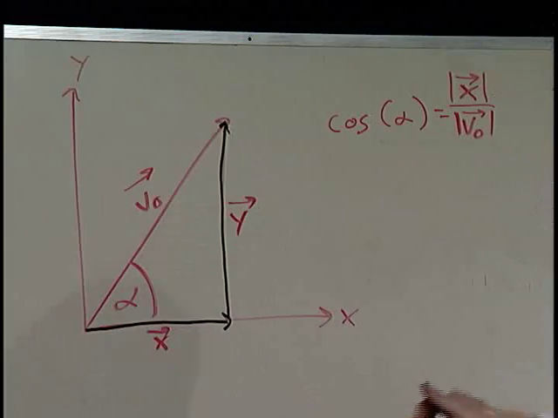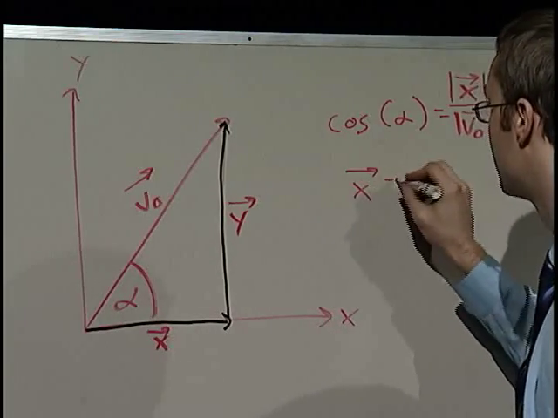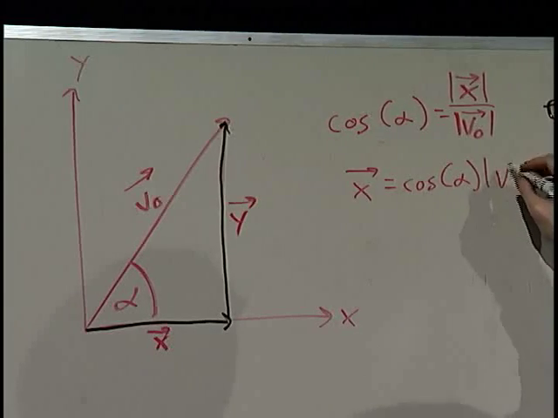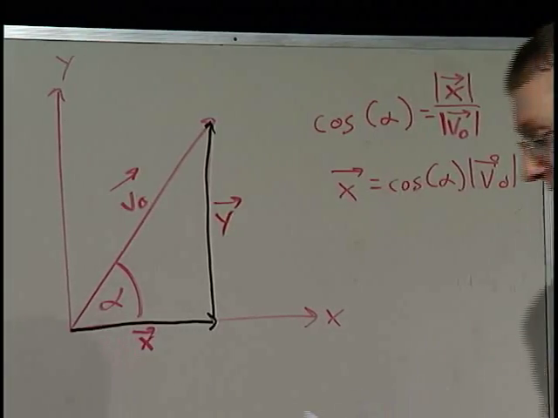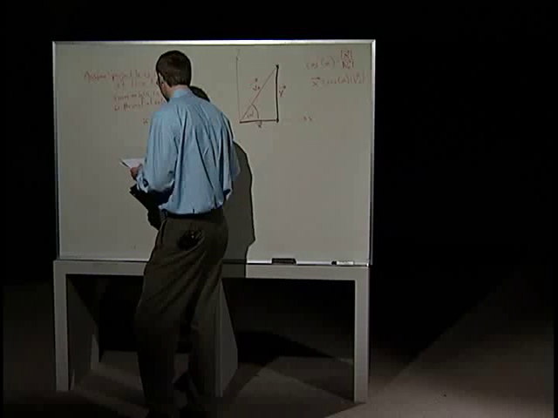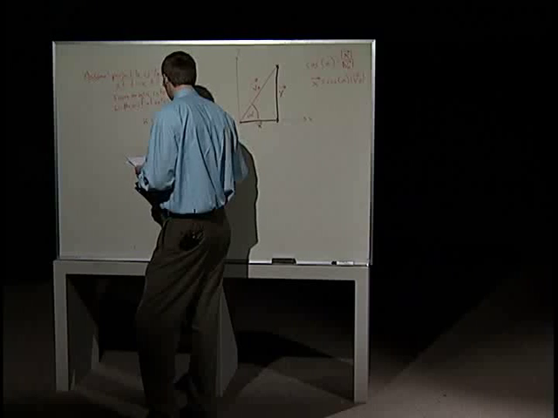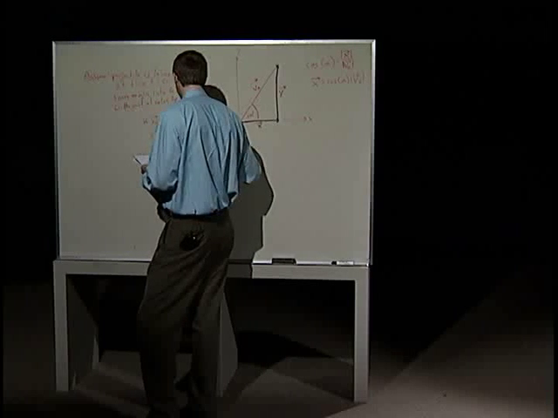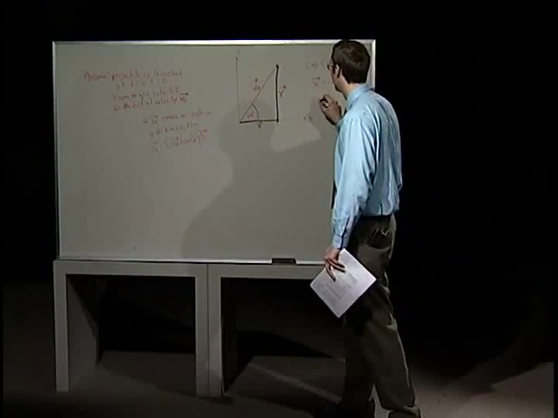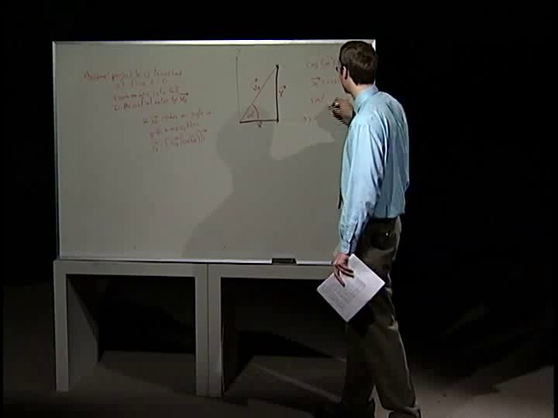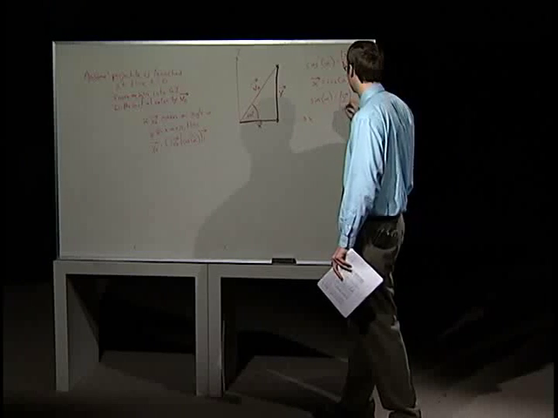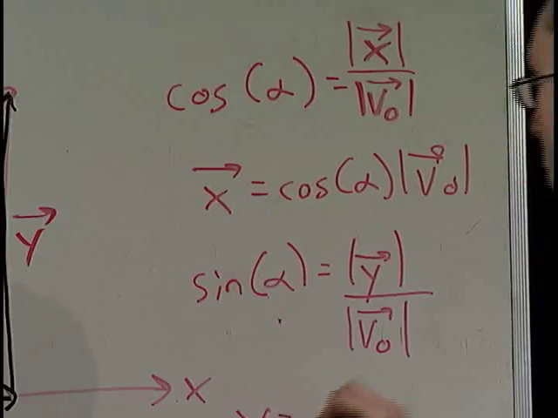Well, then what is x going to be? So x will then equal cosine alpha times the length of v0. So v0's x component is the length of v0 times cosine alpha. That's the ith component. And what is y? Remember that sine of alpha is y over v0.